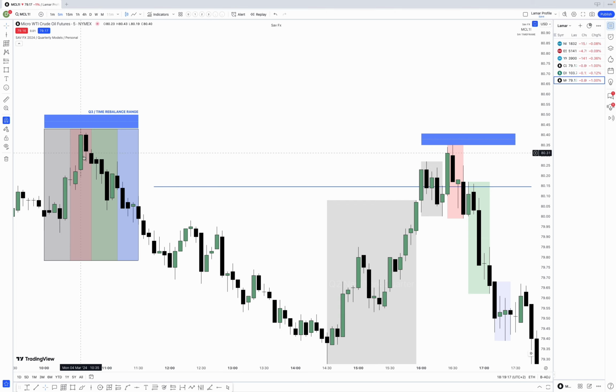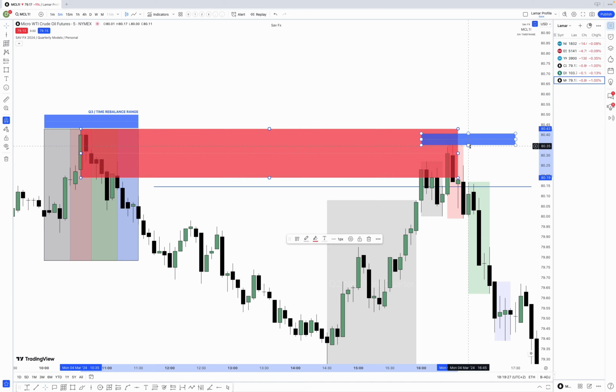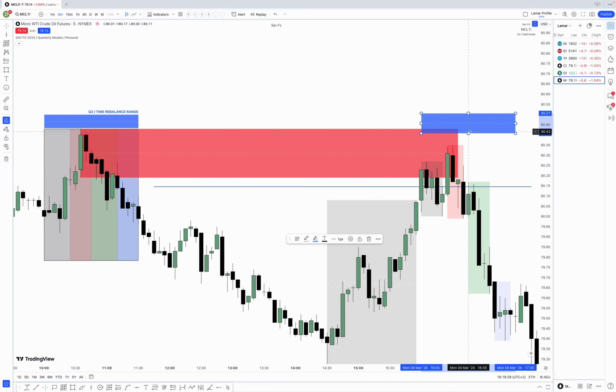An order block that formed within Q2 of the previous cycle. So you would ideally drag this range like this, and expect Q3 to not even go above Q2, and then you anticipate lower distribution within price.